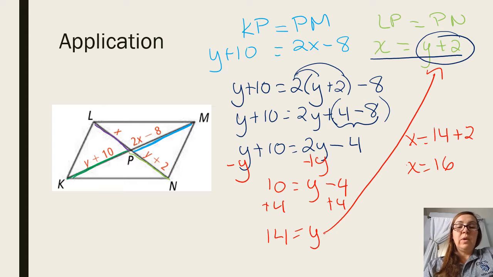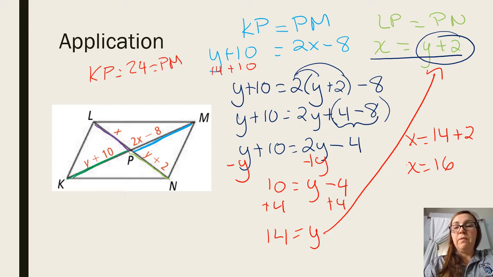So if they ask what is KP, I can plug y into here, and I get 14 plus 10, and KP is equal to 24, which means PM is also equal to 24. Same thing with these two lines here. I found what x is equal to, so x is equal to 16, so y plus 2 is equal to 16, and that verifies 14 plus 2 equals 16.